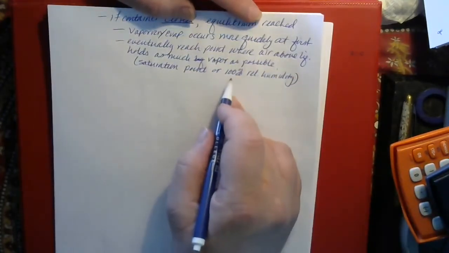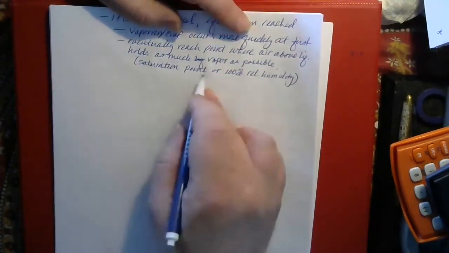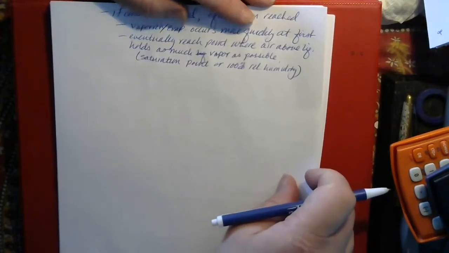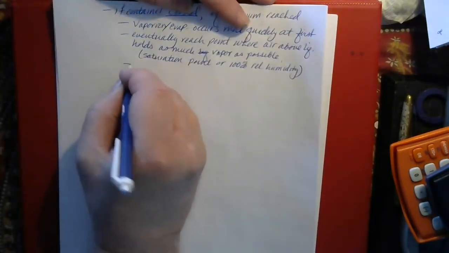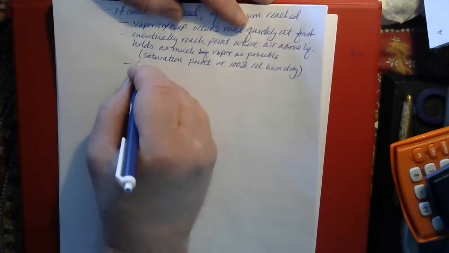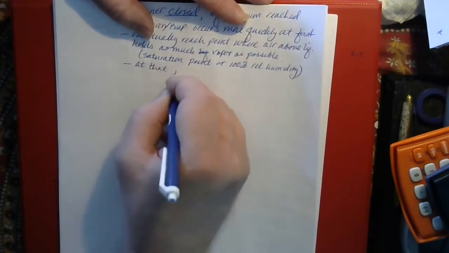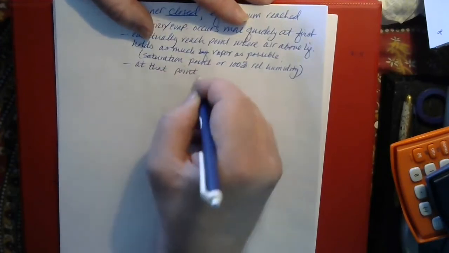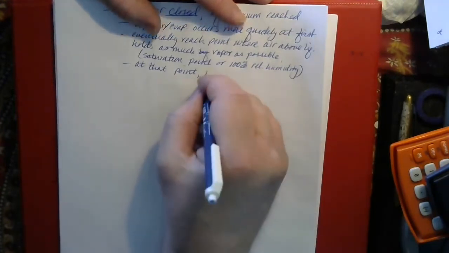And so if it's a closed container, you're eventually going to reach 100% relative humidity, which is the point at which the air is saturated with water vapor. And at that point, the rates of evaporation and condensation will be equal.